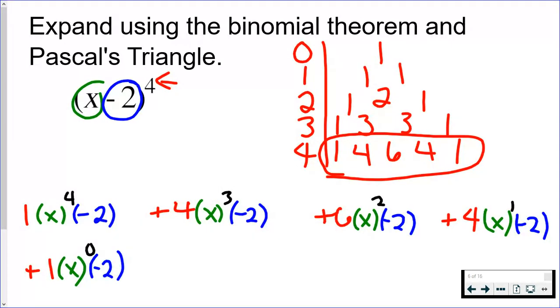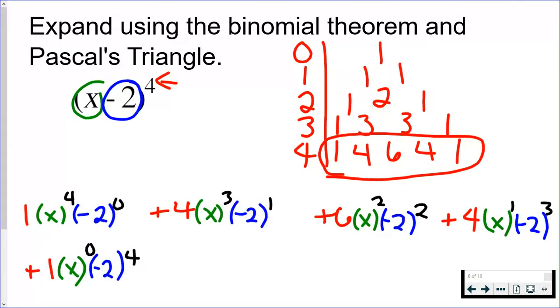Now I'm going to do the same thing in reverse for the -2's. Instead of starting at 4 and decreasing, I'm going to start at 0 and increase. So for one of them, you start at 4 and decrease to 0. With the other one, you start at 0 and you increase to 4.